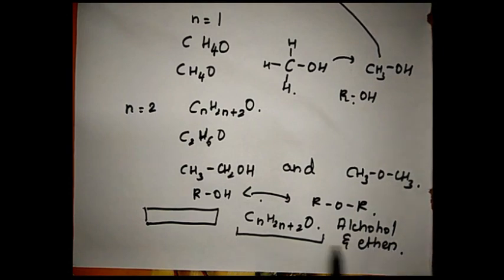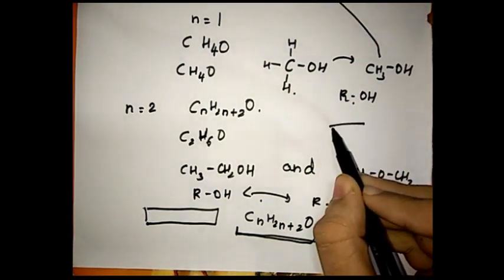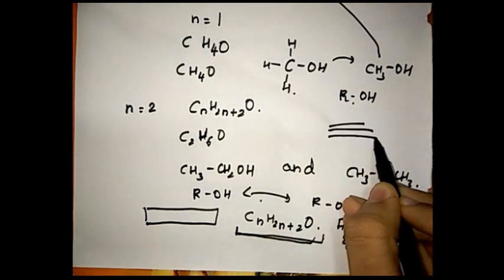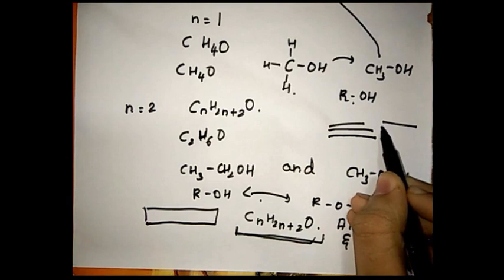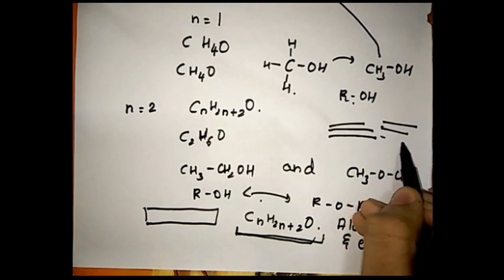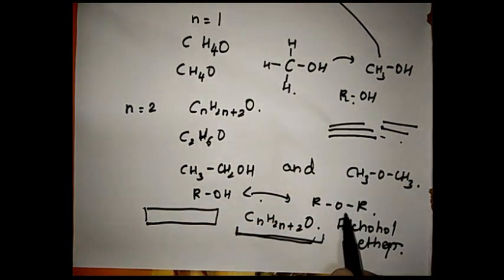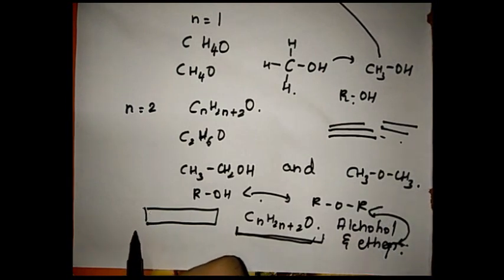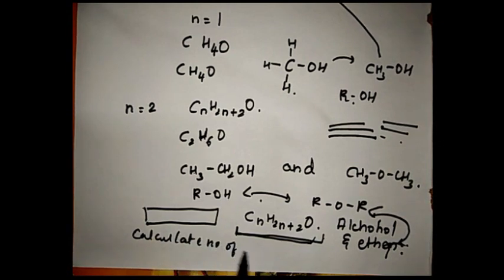The molecular formula will be that of alcohol and ether. So you should cancel all the other functional group isomerism like aldehyde and other things, and come to a result that it is either alcohol or ether, and calculate the number of isomers or whatever the question may be.